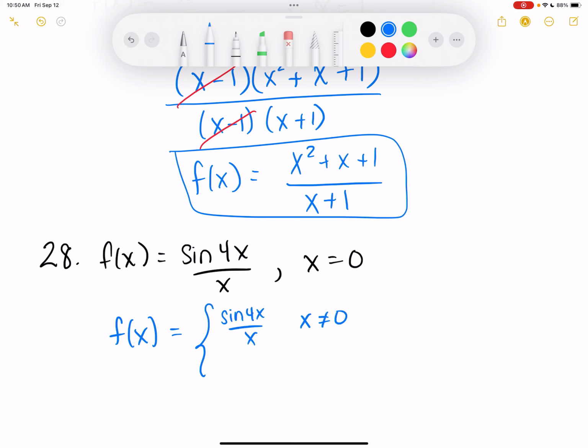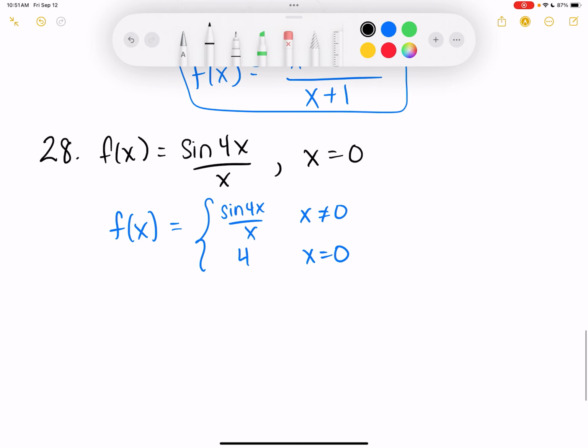And then basically, if x is 0, then the function is equal to 4, which, if you plug it in, you figure that out. I wouldn't be too worried about that one. I just wanted to show you that that one's a little different. Most of them just cancel nicely, so you don't have to worry about it. That's just the one that's kind of weird.